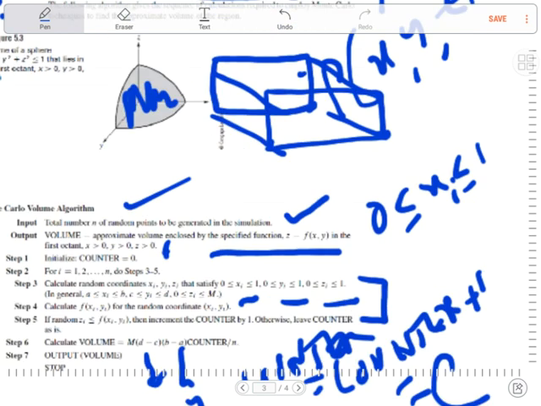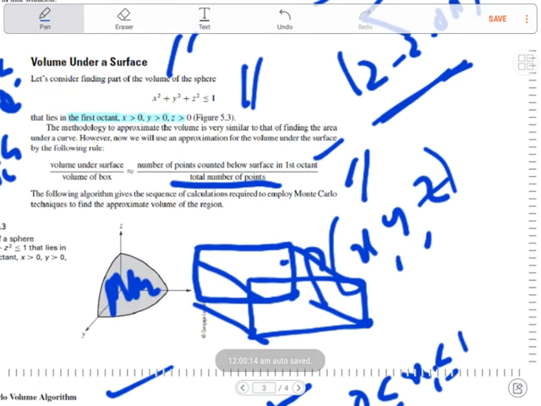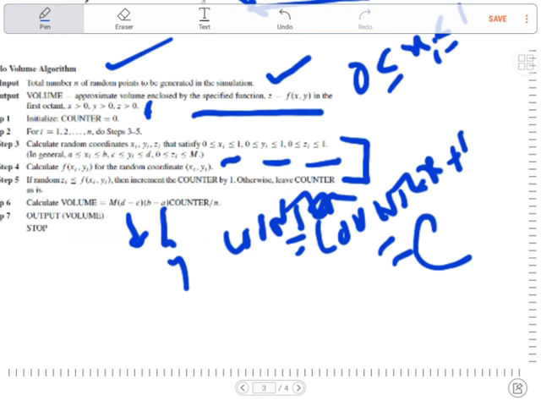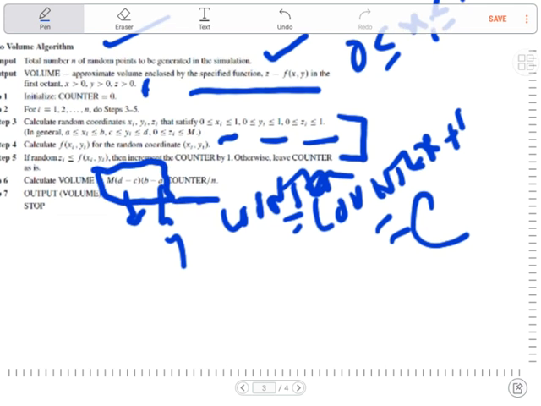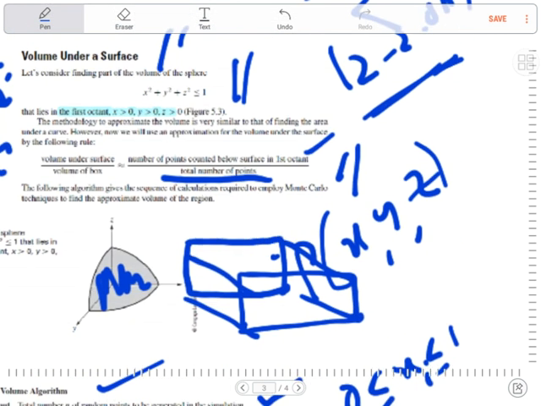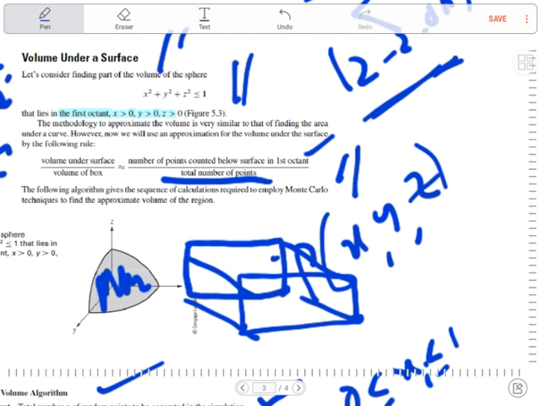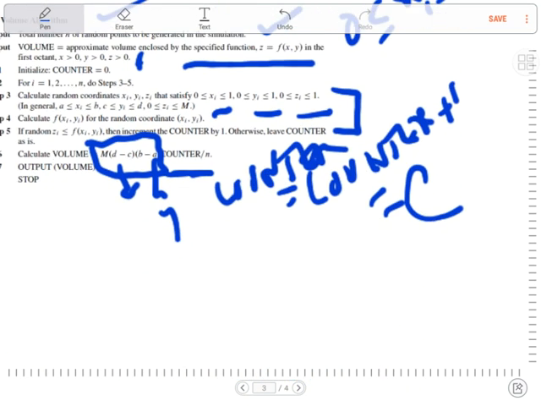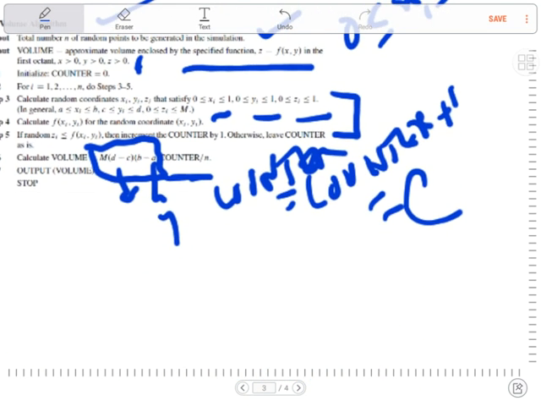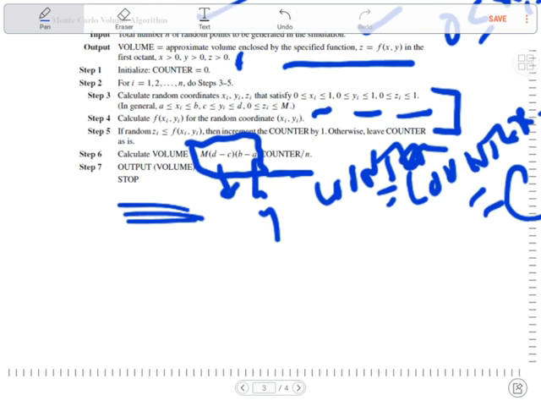That means here again you are using the formula, volume under surface equals volume of box times counter by n. The volume of the box is this first part, and the counter by n is how many points are lying below the surface by the total number of points. So it is quite clear how we are getting it. Output the volume and then stop the program. This is your Monte Carlo simulation algorithm for computing the volume enclosed by a surface.